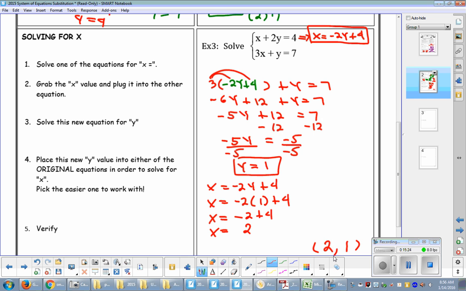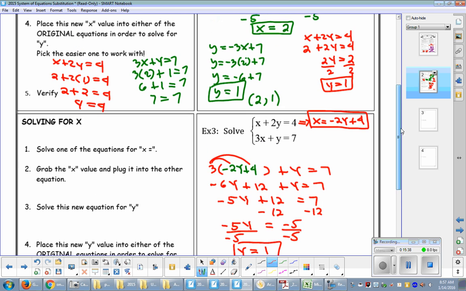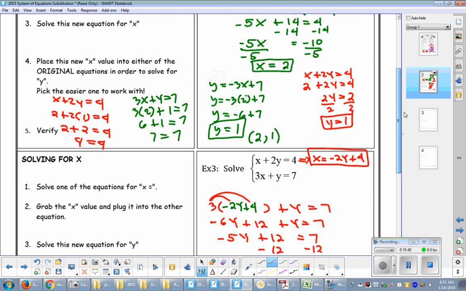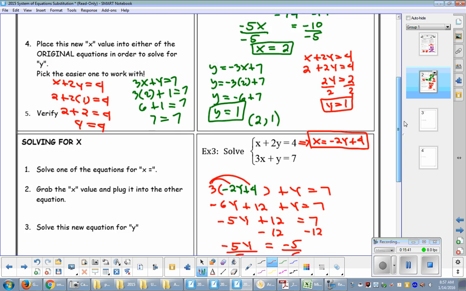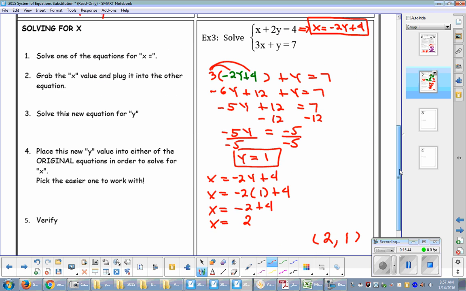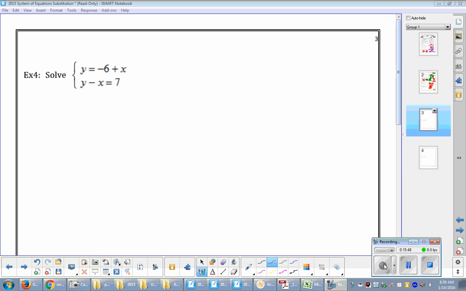So I will have here 2 comma 1. And again, don't forget to verify your answer. If you compare this from the previous solution that we did, wherein we solved for y, we also got 2 comma 1. Here, when we solve for x, we got 2 comma 1 also.